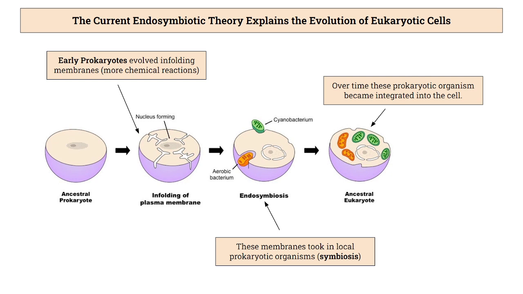One of the leading theories on this is the endosymbiotic theory, in which we think an ancestral prokaryote, which you can see here, evolved the trait of having enfolded plasma membrane. So we have the cell membrane on the outside, and through genetic mutations, it eventually started to form more and more inner channels through those cell membranes.